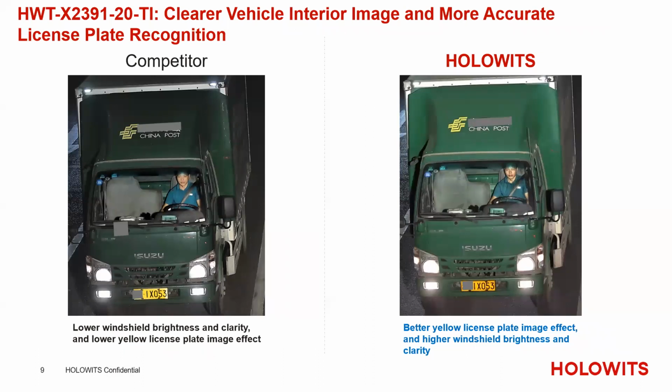In this session, we look at how HOLOWITS products compare with other products. You can see that the overall picture is better with our product. This is the competitor. Their image is too dark, and for us, it's brighter.